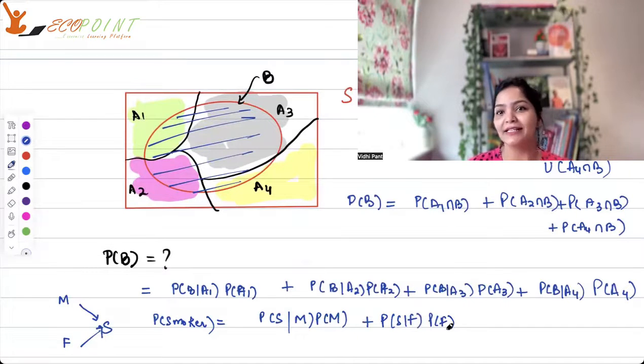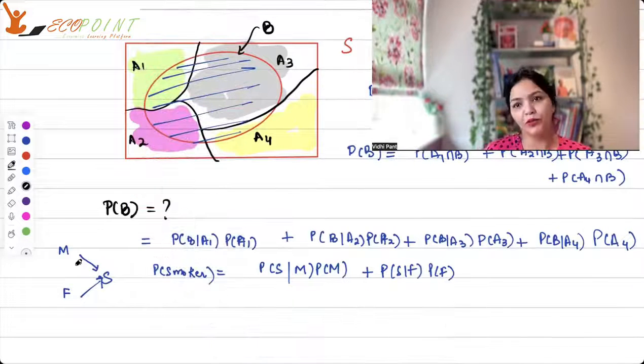And now, next comes Bayes' theorem. Once the concept of total probability is clear, the next thing that comes in line is Bayes' theorem. Now, Bayes' theorem is basically a scenario where you are trying to find a conditional probability wherein you will be associating the concept of total probability.